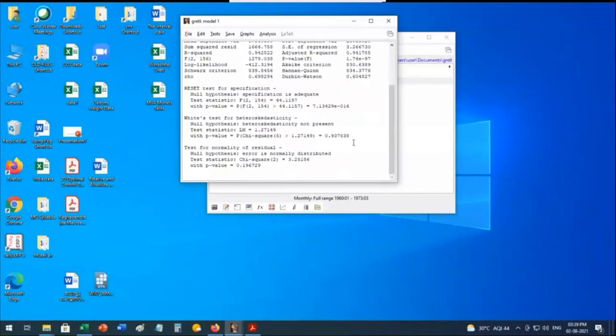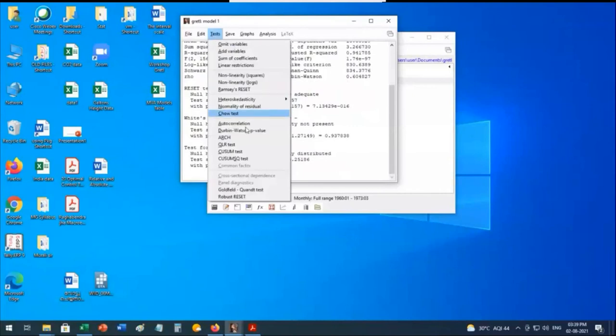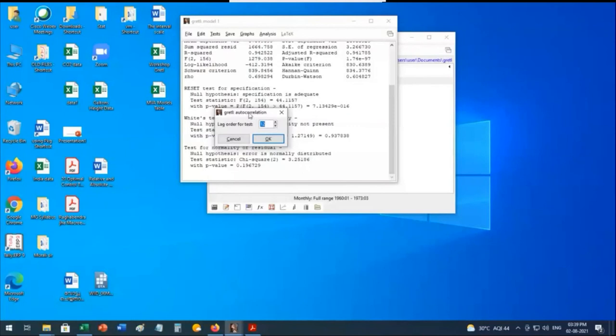Now again we go to the test. Then we have the autocorrelation. Click this one. Now we know autocorrelation is in terms of different lags. We have first order autocorrelation, second order autocorrelation, and so on. So now here we are using monthly data. Therefore, Gretl has selected lag order for the test as 12.